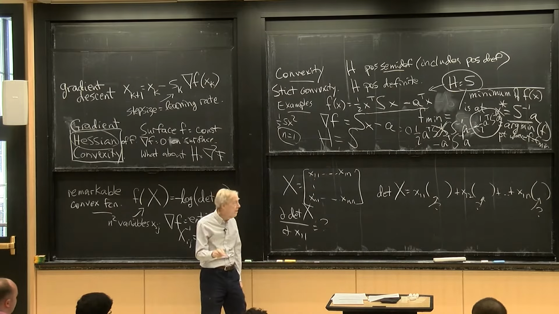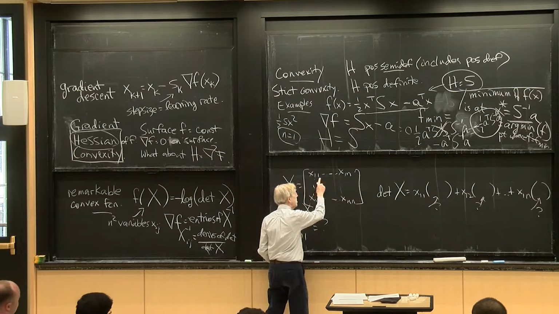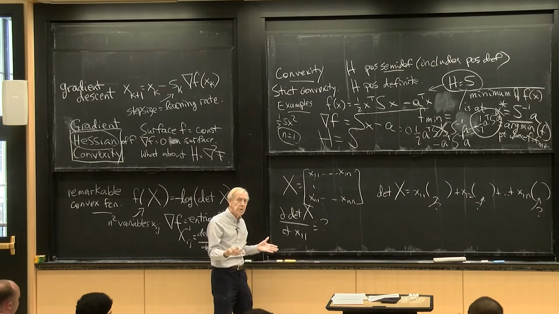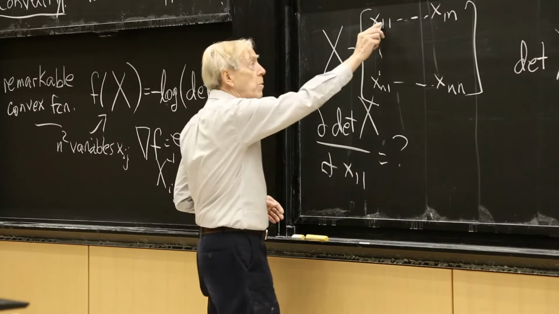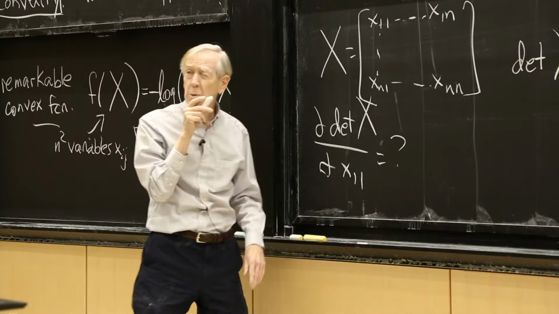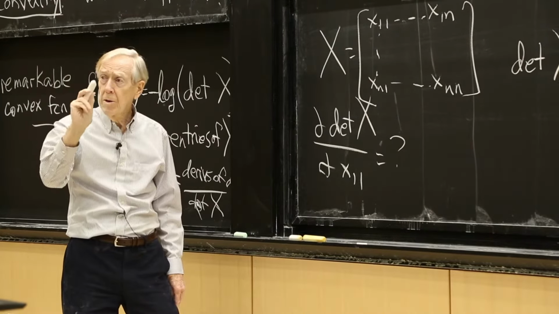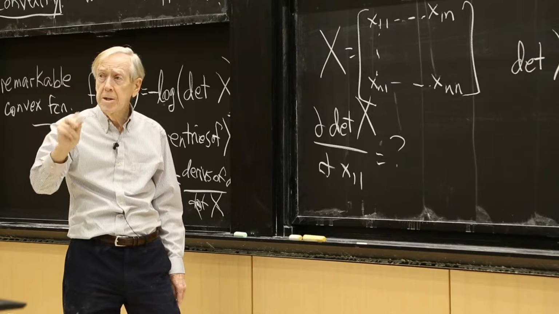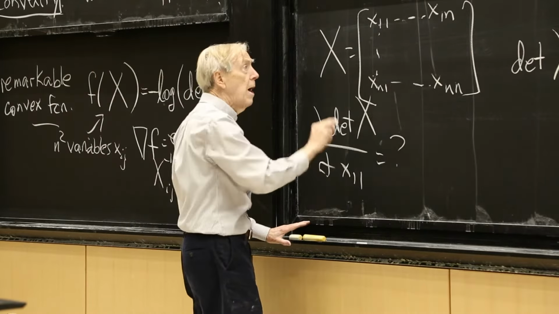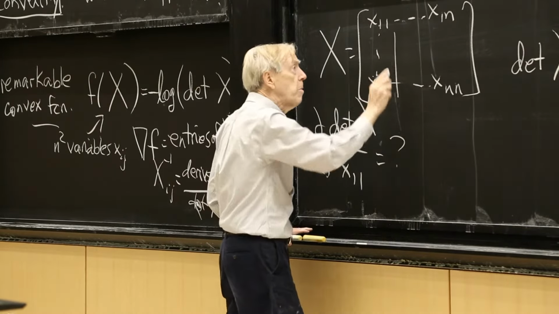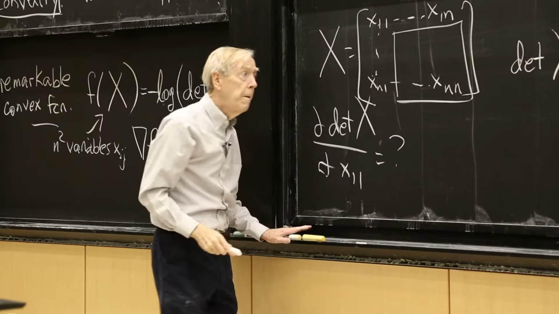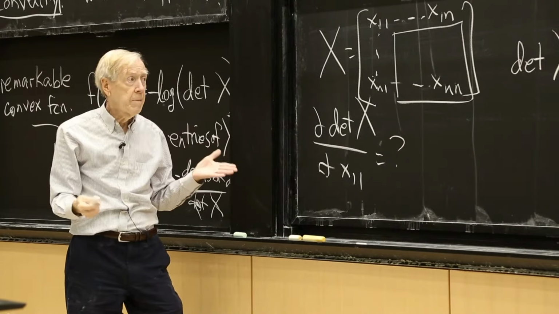The determinant of this. So what does x11 multiply when you compute determinants? x11 will not multiply any other guys in its row, because you never are multiplying two x's in the same row or the same column. What x11 is multiplying are all these guys. In fact, it turns out to be the determinant.